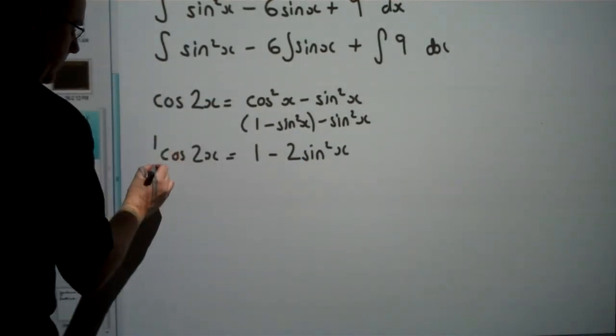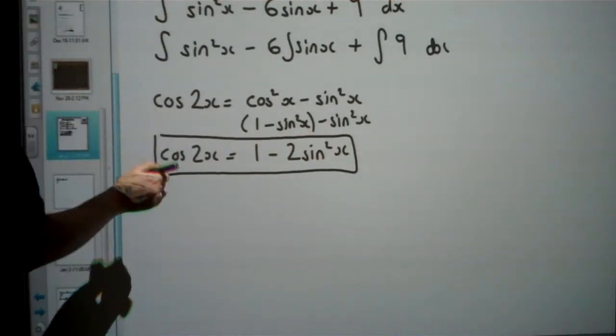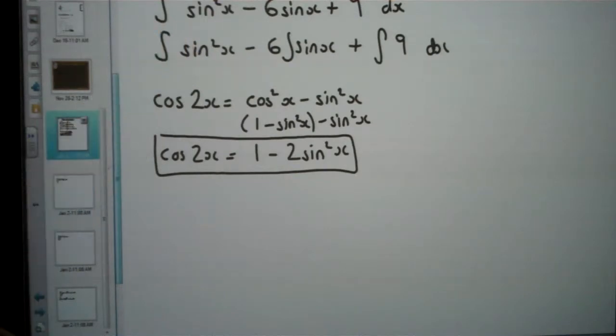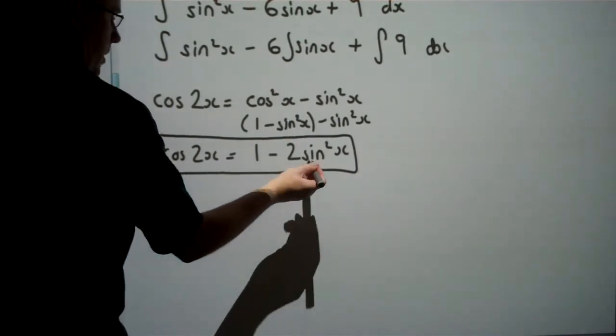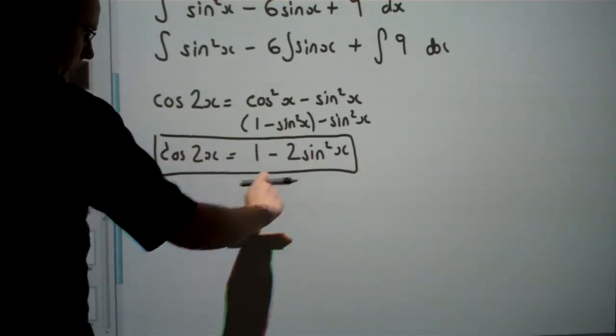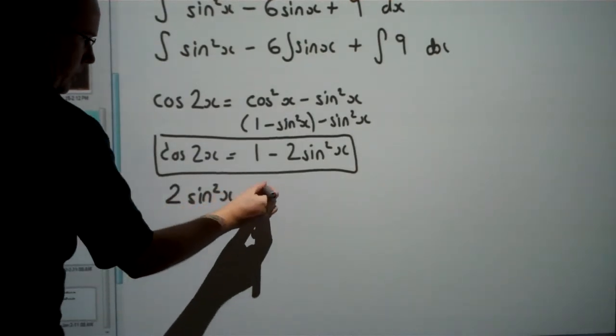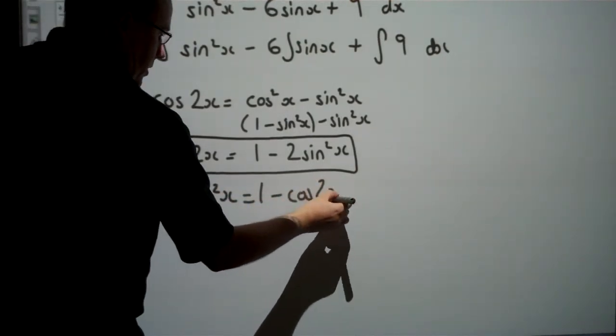Now what we're going to do is we're going to take this and we're going to solve for sine squared x, because that's what we're trying to work out right now. This is a difficult integral to work out, but when we solve for this, we should be able to answer that question. So I'm going to bring that to this side, I'm going to bring that to this side. So I'm going to get 2 sine squared x equals 1 minus cosine 2x.